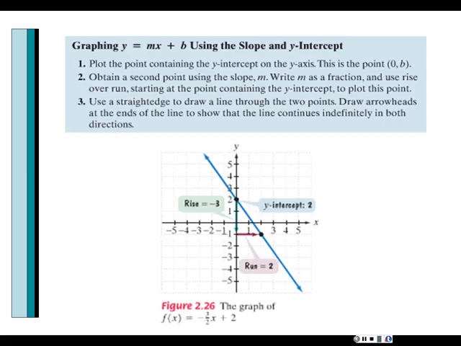Let's say somebody gave you an equation like this: 3y equals 6x plus 9. Okay. Let's say this is an equation, and of course this is an equation of a line for sure. Now, do you know the slope of the line at this point?